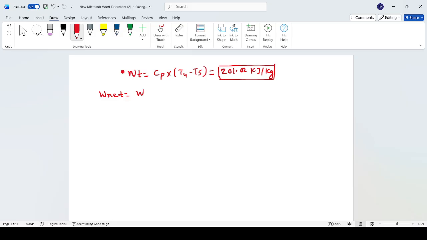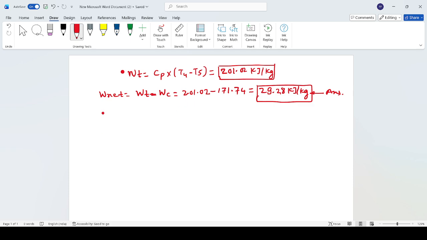Turbine work minus compressor work, so 201.02 minus the compressor work that was evaluated as 171.74. Hence the net work is obtained as 29.28 kilojoule per kg of air. This is the answer to the first part.